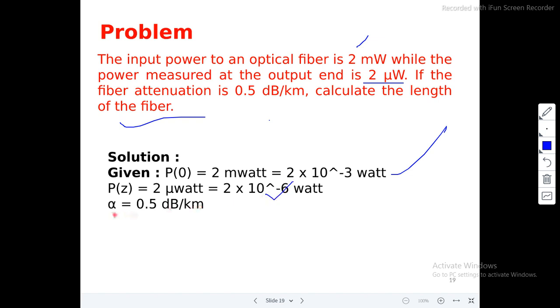Next, what else is given? The fiber attenuation alpha is equal to 0.5 dB per kilometer. So what is the standard formula?